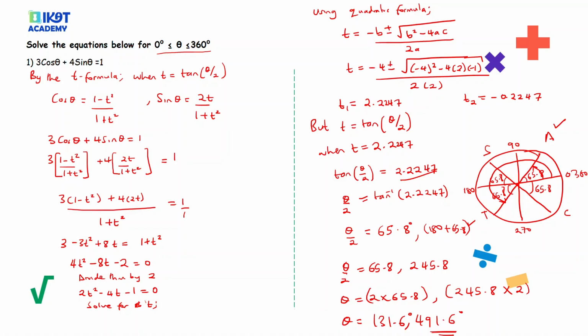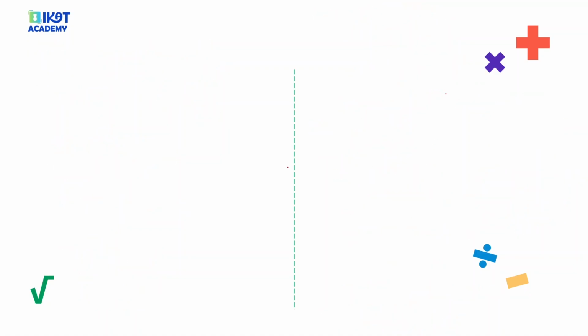So now I can come and say how about when t is equal to negative 0.2247. But remember, t is tan theta out of 2. So this is equal to negative this. So we'll say theta out of 2 is going to be the tan inverse of negative 0.2247.